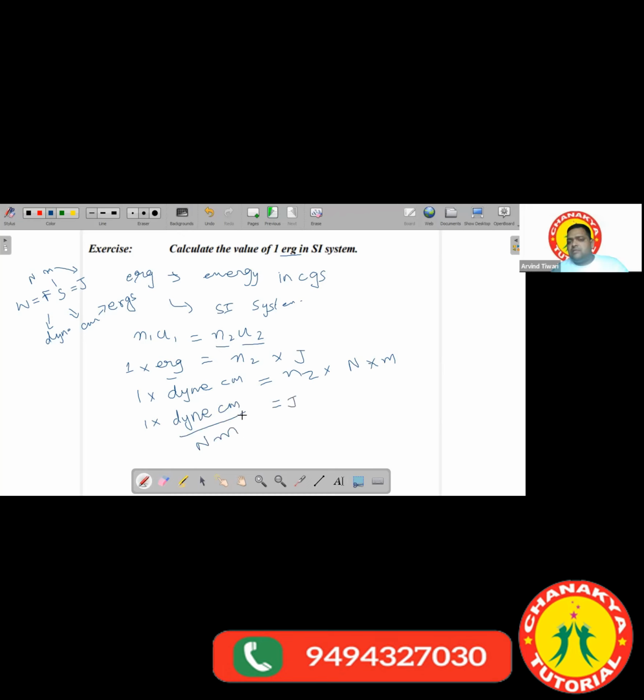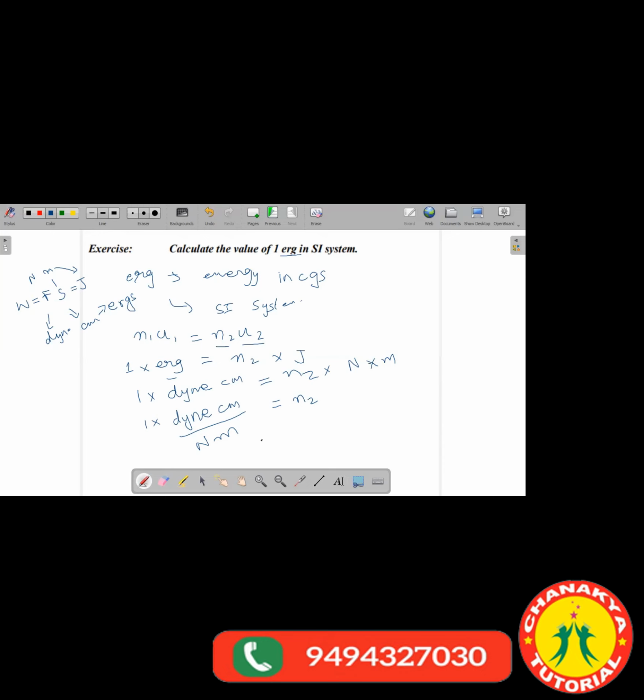So 1 by 10 to the power 7. Is everyone getting the same thing? 1 by 10 to the power 7. So can I write 1 by 10 to the power 7 as 10 to the power minus 7?